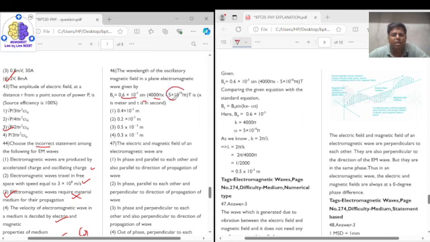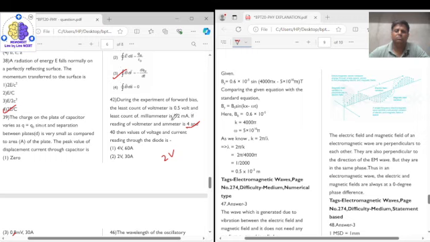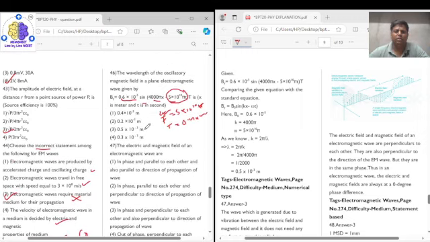So this omega is 5 into 10 to the power of 10 into pi. When we equate this to omega, 2 pi by T is equal to 5 into 10 to the power of 10 pi. So the pi cancels out, and the time period comes as 0.4 into 10 to the power of minus 10.